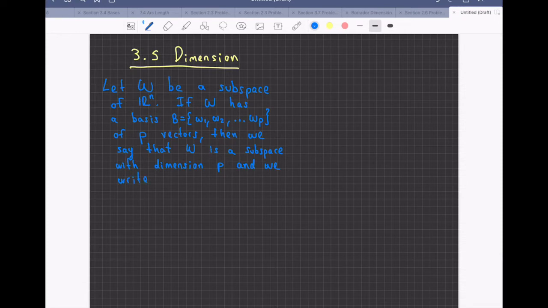And we write dim(W) = p. This means dimension of W.